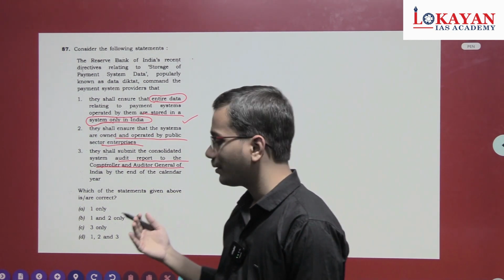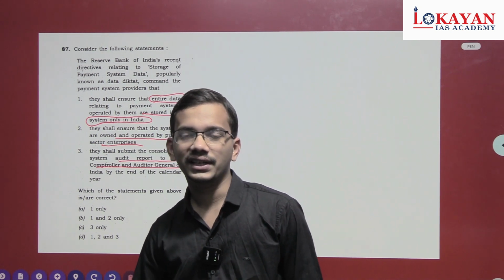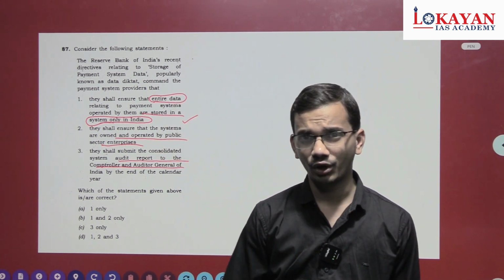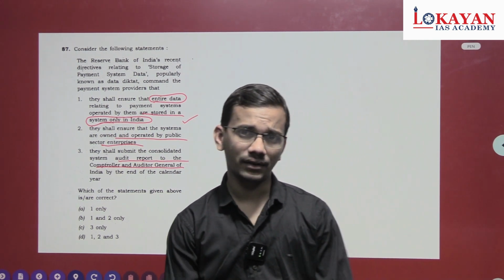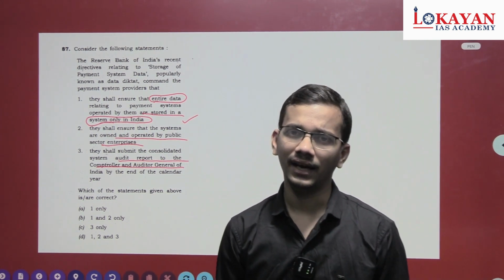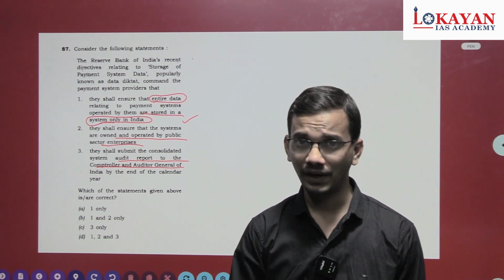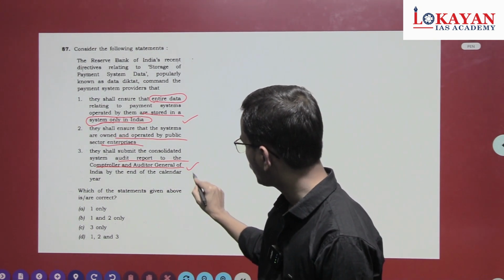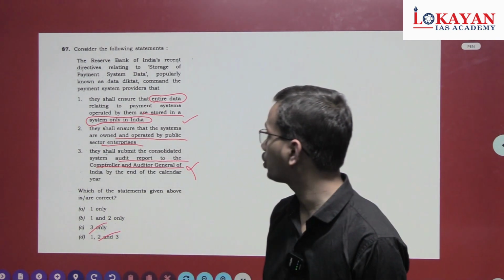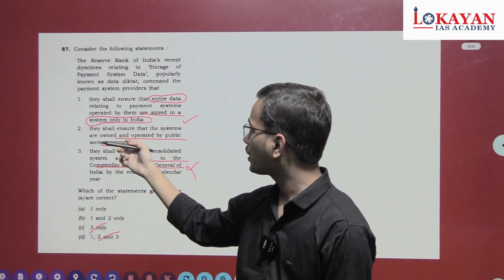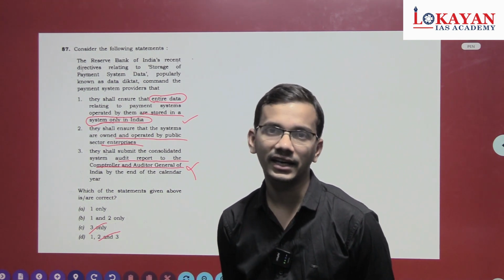Will the government make such a provision that fintech companies or payment gateways like Visa and MasterCard have to submit audit reports to the CAG and the CAG has to verify them? Very unlikely. Eliminate 3, gone. Now A or B, 1 or 2. They shall ensure that systems are owned and operated by public sector enterprises.